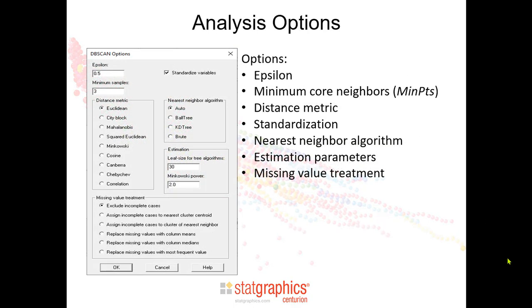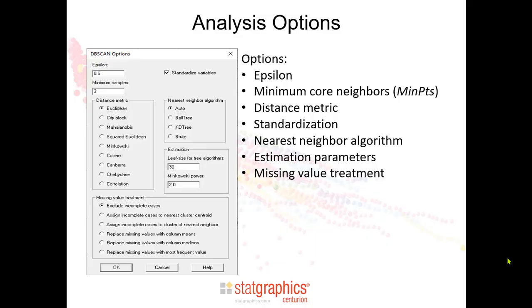When running DBSCAN, the analyst may select various options. The first option is the distance epsilon. That's the distance that defines 2 points as being neighbors. Secondly, there's the minimum number of neighbors required to define the core of a cluster. Thirdly, the analyst can choose different distance metrics if required. Fourth, the analyst can decide whether or not to standardize the data.